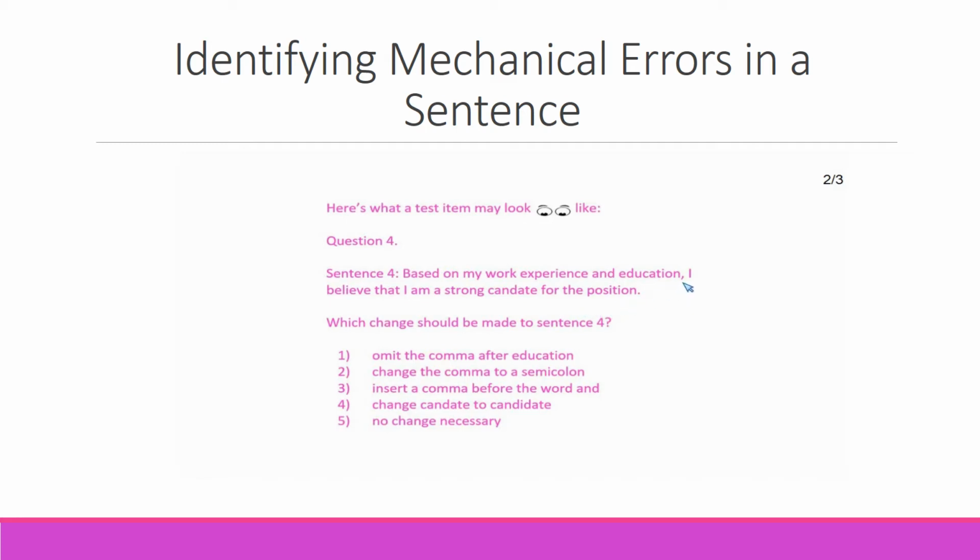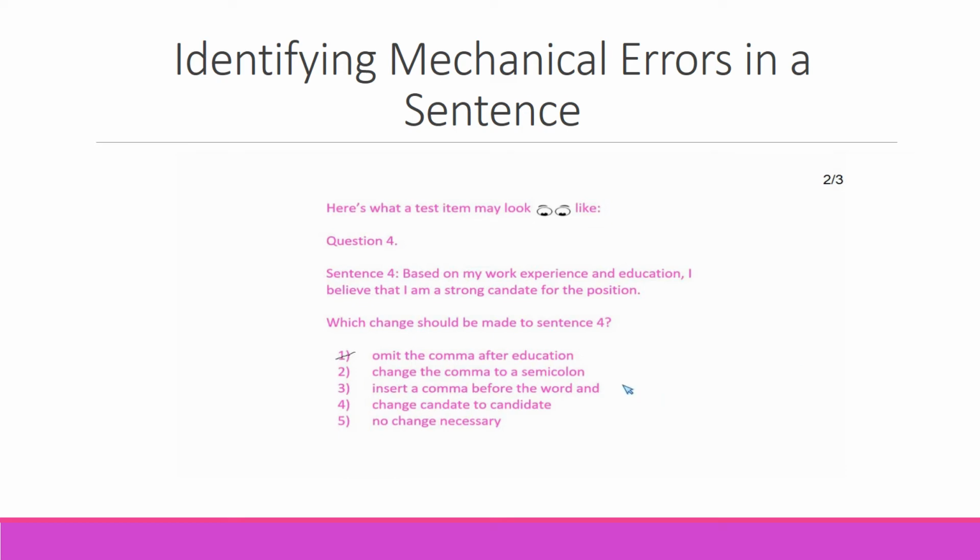So in terms of the rule for separating the two clauses, we know that placing a comma after the dependent clause is correct in order to show that this dependent clause cannot stand alone and it is attached to an independent clause. So in this case, option 1 will not apply. So we're going to cross out option 1.